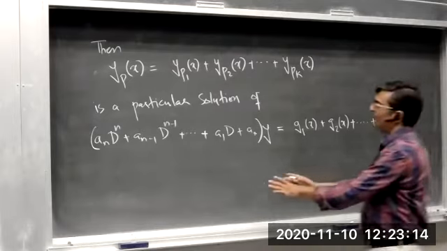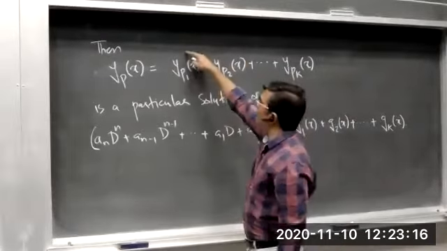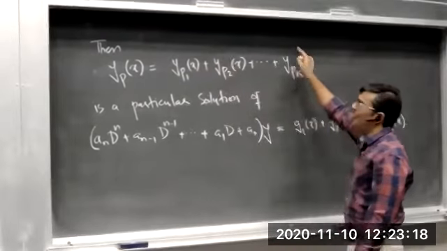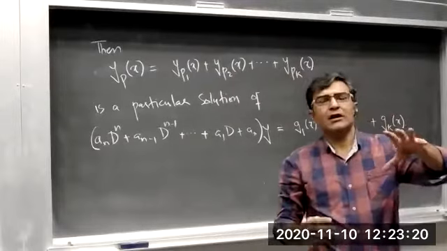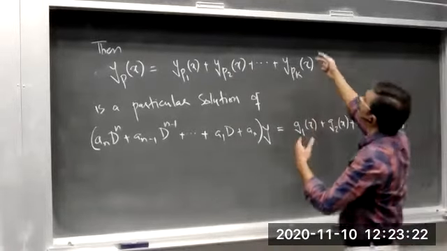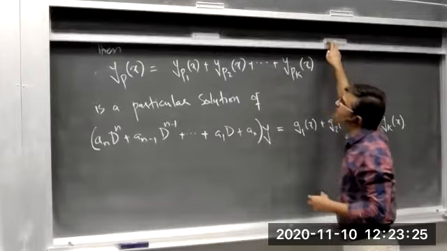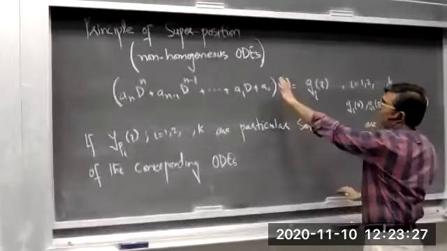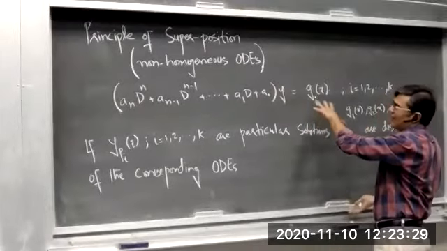So what we have done here, we said that y_{p1}, y_{p2}, so on, y_{pk}, they are solutions of those individual ODEs. Individual ODEs means separate ODEs with g1, g2, so on, gk.